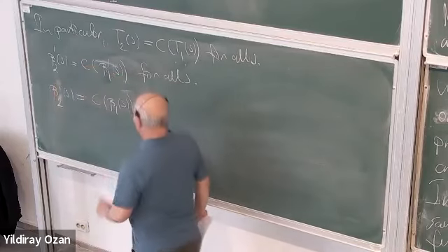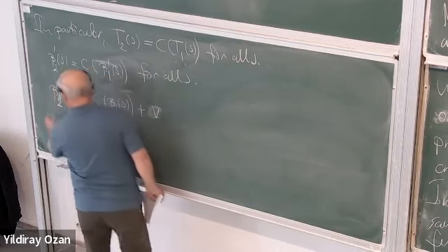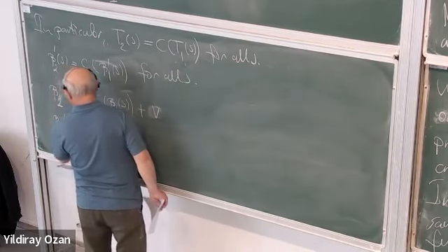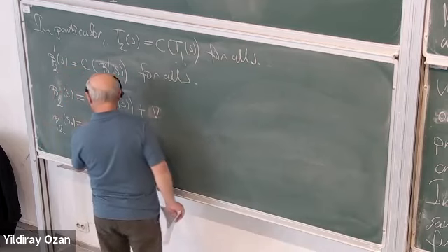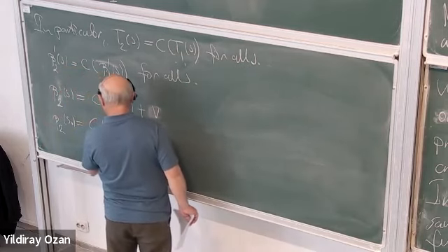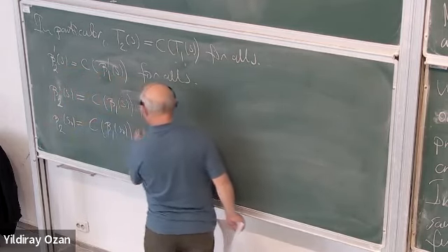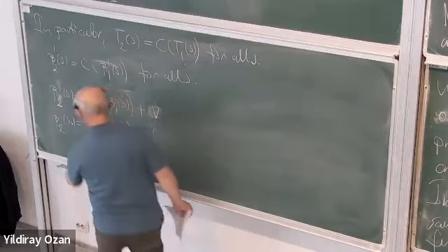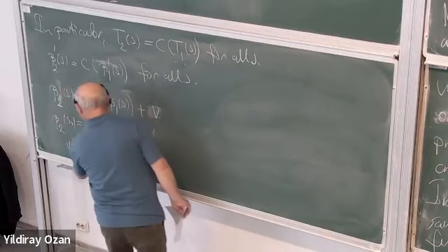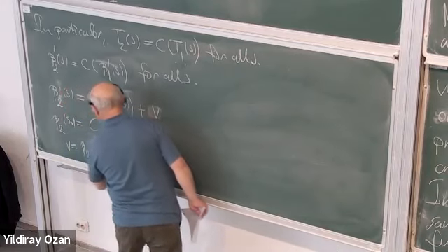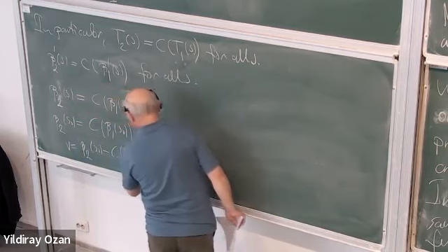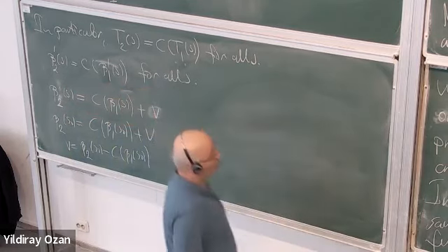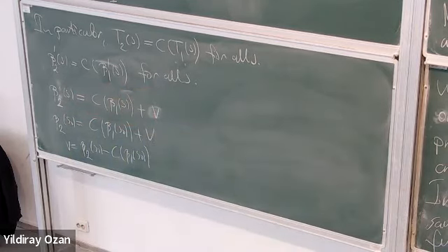But then we know what? We know that beta 2 of s0 is C of beta 1 of s0 plus V, and V is just beta 2 of s0 minus C of beta 1 of s0. And that has a name actually, right?